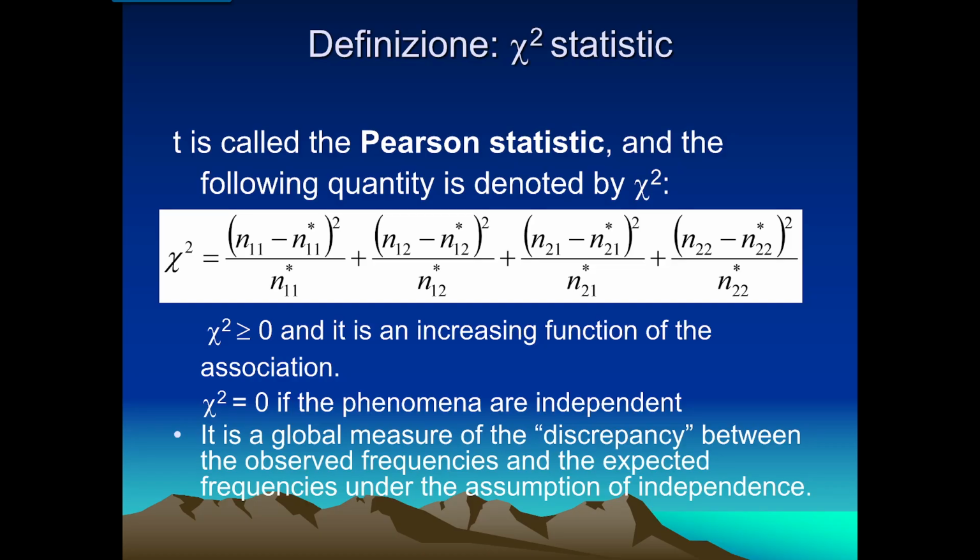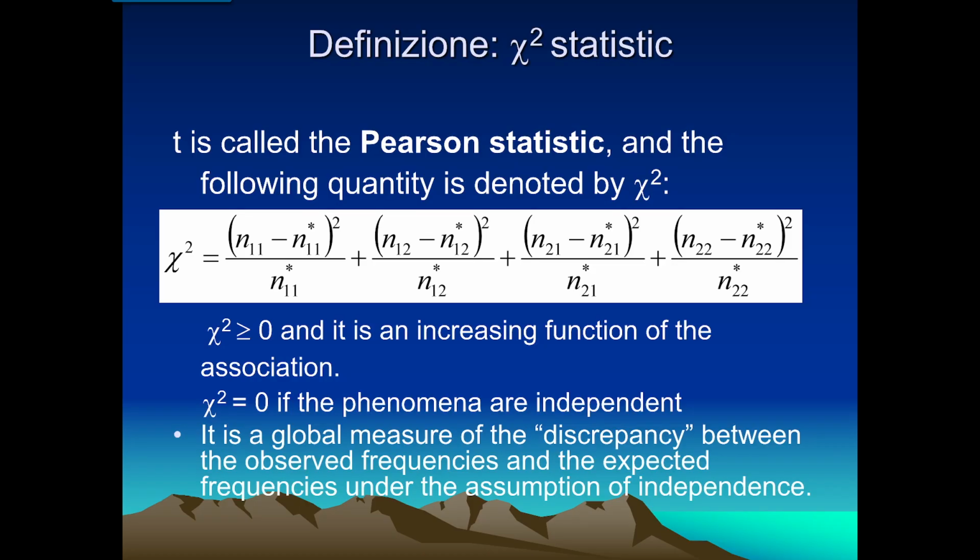If all the entries of the table are multiplied by 10, what do you think? The same? No, it's not the same, because you multiply each element by 10, but then there is the square, and here you divide by 10, therefore it is multiplied by 10, right. Therefore, if you double the sample size, your statistic is multiplied by 2.